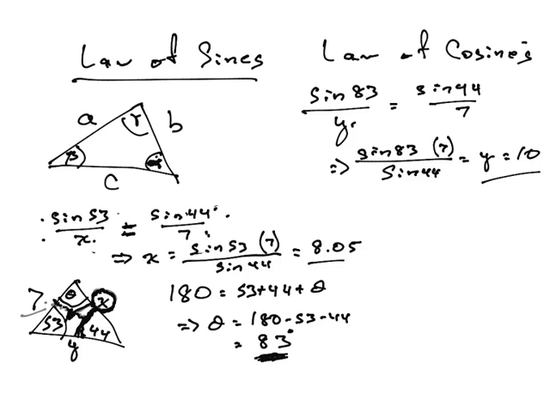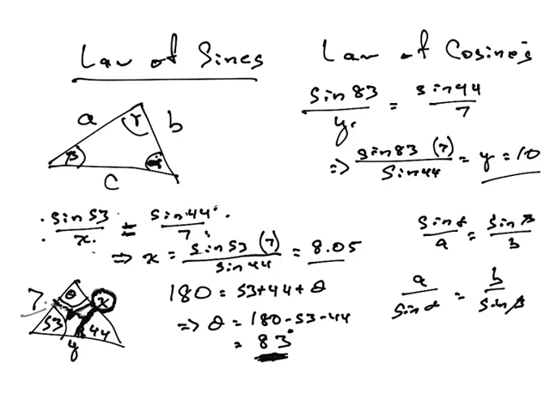And in fact, it could be even easier because you could either do sine of alpha over a equals sine of beta over b, or you could do a over sine of alpha is b over sine of beta. That would have been easier here, since I was looking for the y, and y is in the denominator.